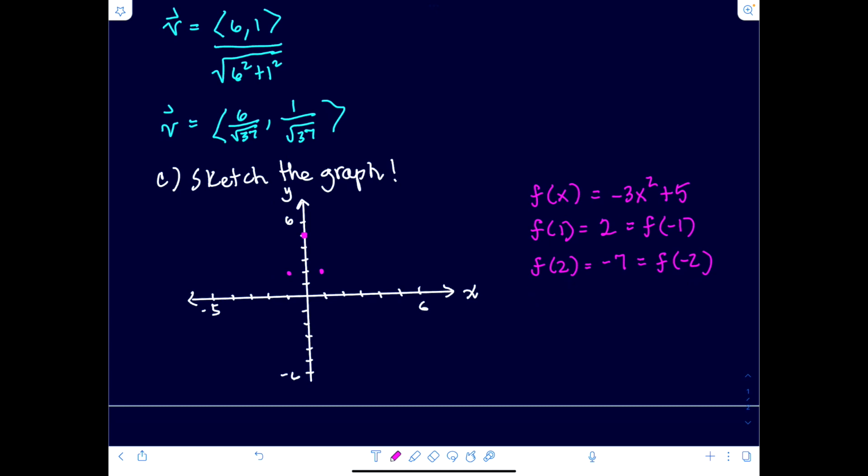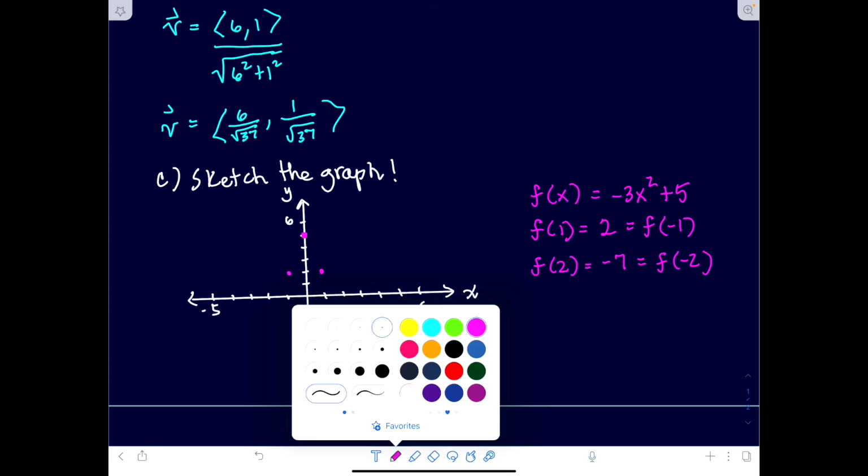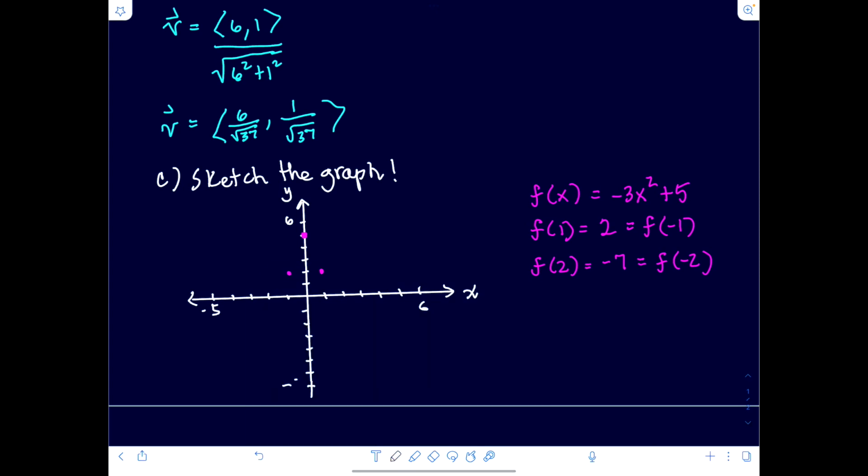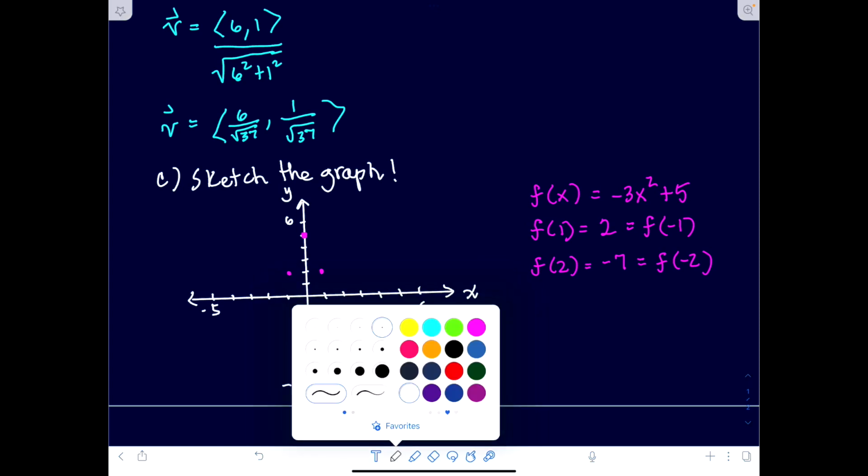So we'll need one more down here, and we'll finish off our graph.